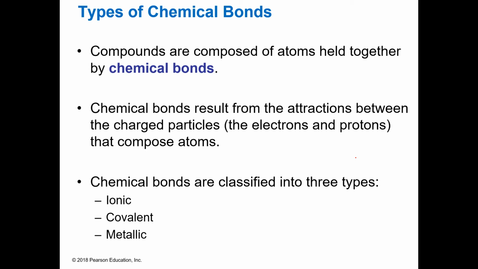There are 3 types of chemical bonds that put our elements together in order to make a molecule, and they are ionic bonds, covalent bonds, and metallic bonds. We're really not going to spend much time talking about metallic bonds, but we are going to talk in detail about ionic bonds and covalent bonds.